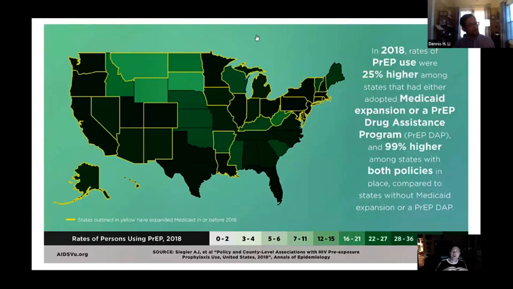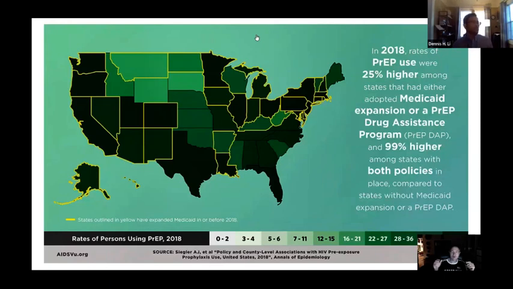And one of the main findings was that in 2018, PrEP use was higher by about 25% in states that had either adopted Medicaid or had a PrEP drug assistance program. These are programs that offset some of the sort of physician costs associated with taking PrEP. So if you had one or the other of those, that state had a 25% higher level of PrEP use.